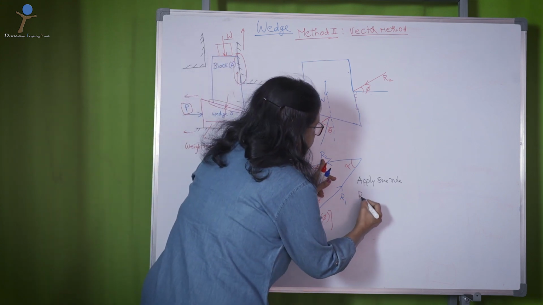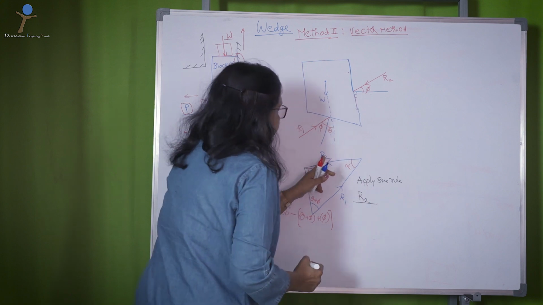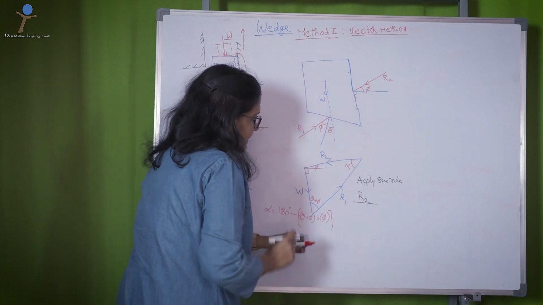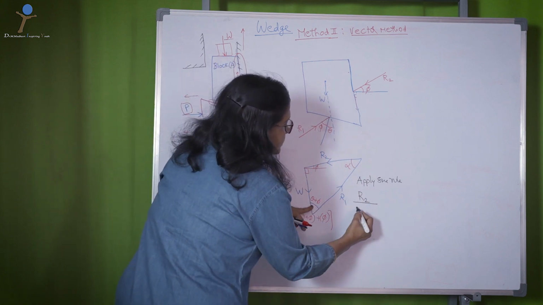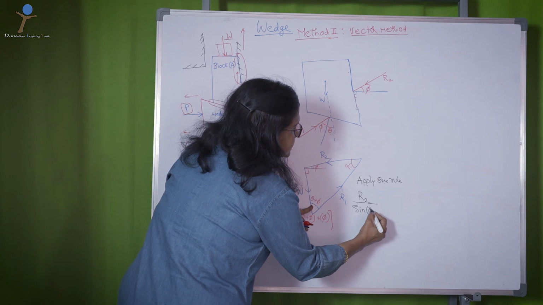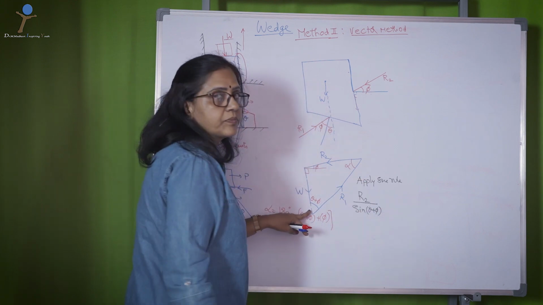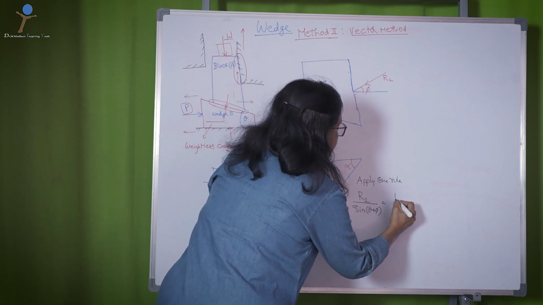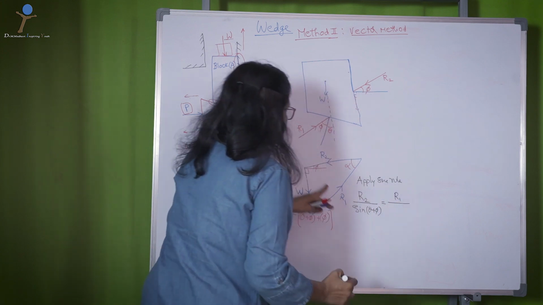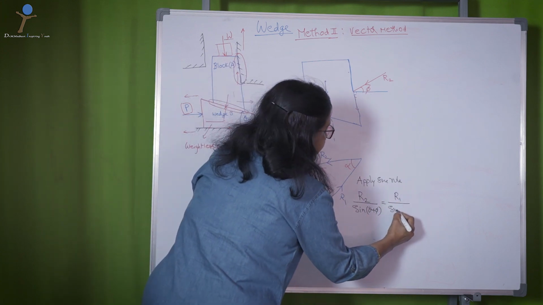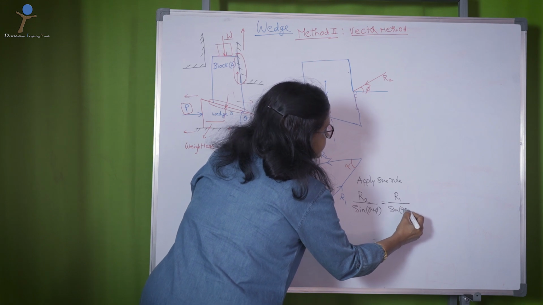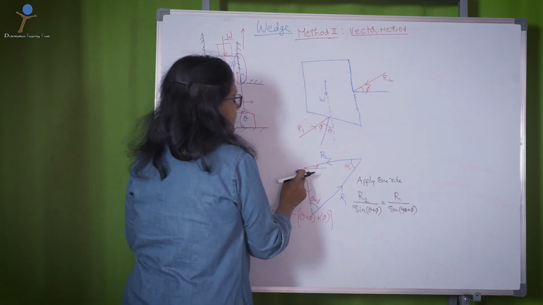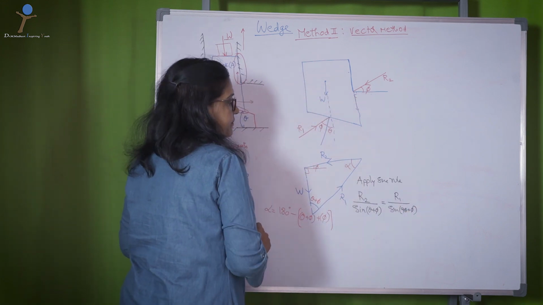So, R2 divided by sine of the opposite angle, that is sine theta plus phi. Next, R1 divided by sine 90 plus phi. The opposite angle is 90 plus phi.